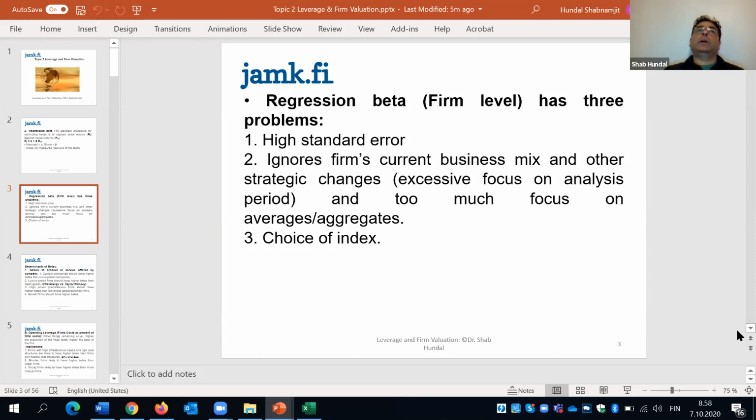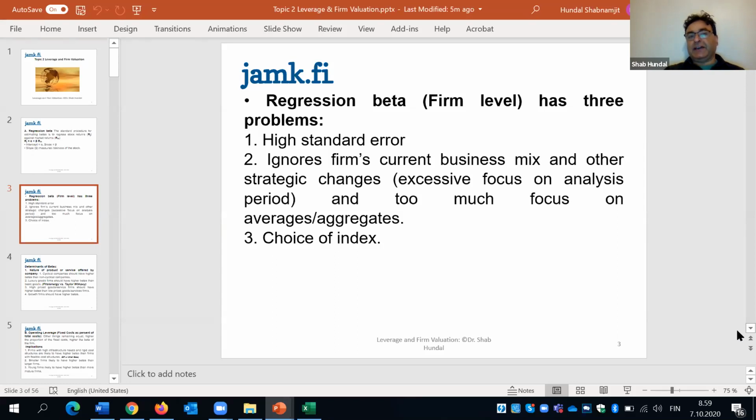R square shows the explanatory power of the model, but because of high standard errors, you might have chosen the wrong period or the wrong methodology.